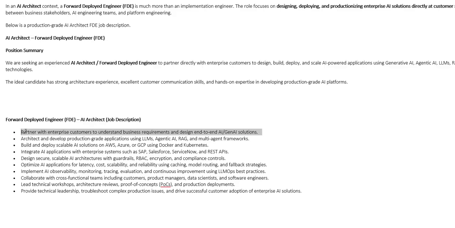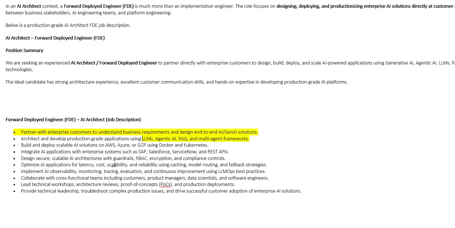It is clearly mentioned that the forward deployed engineer needs to work end-to-end with the customers on understanding the requirements and business problem, and architect and develop production-grade applications using large language models, agentic AI, RAG, and multi-agent frameworks. These are the AI skill set.